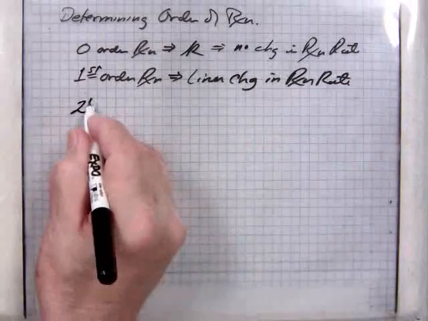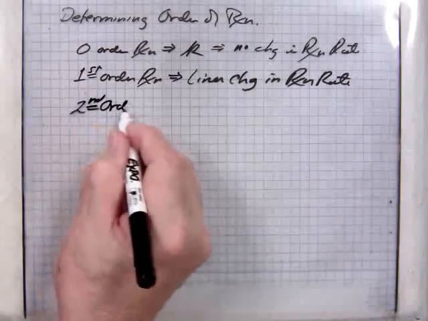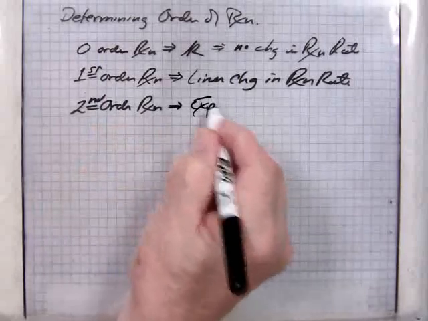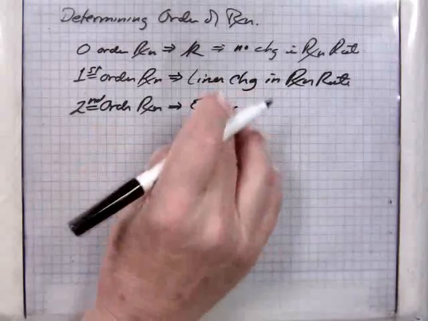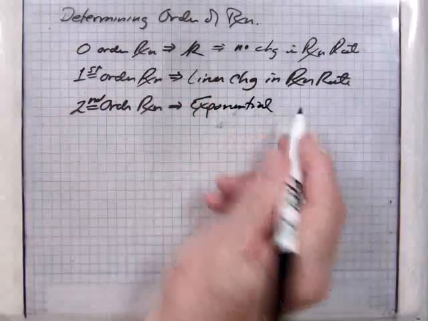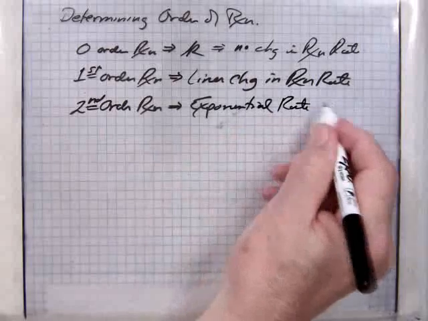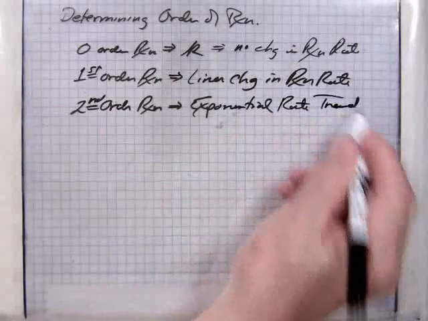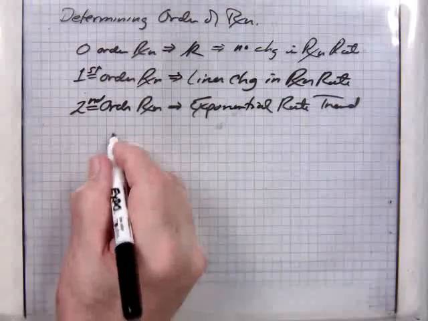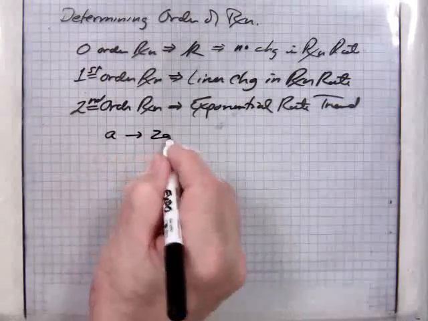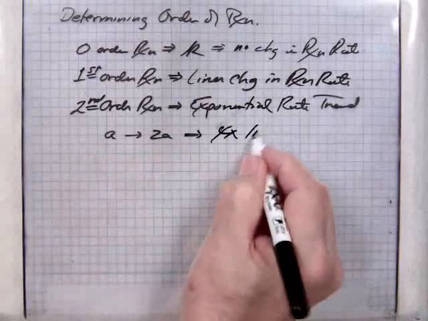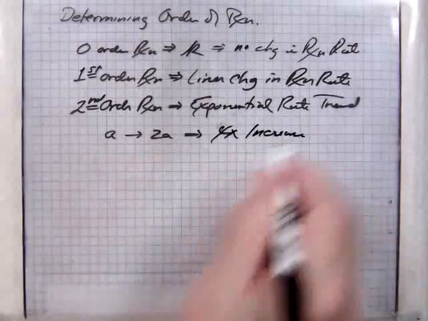And a second order reaction shows an exponential rate trend. Double A to 2A, that'll give you a 4x increase in rate.